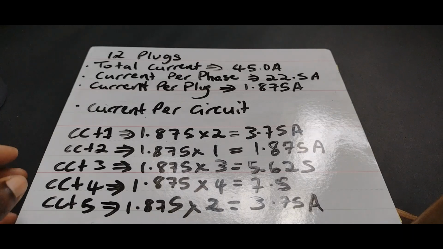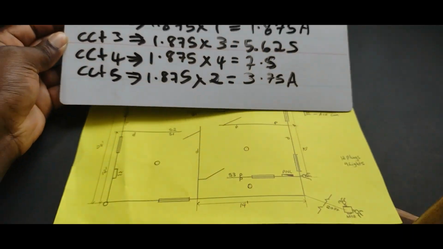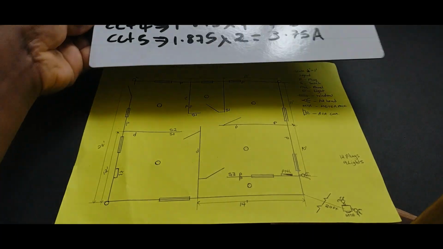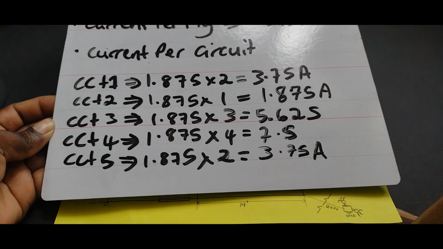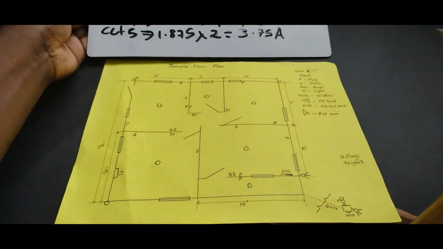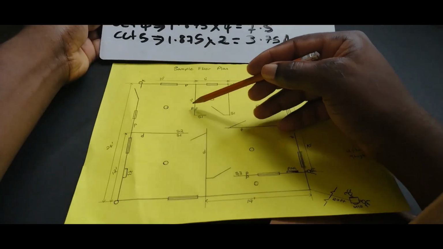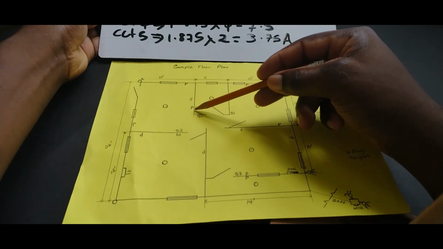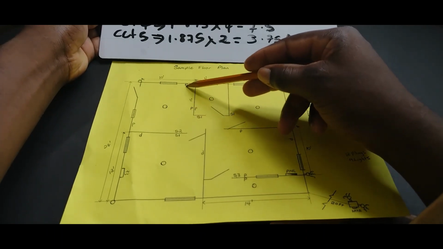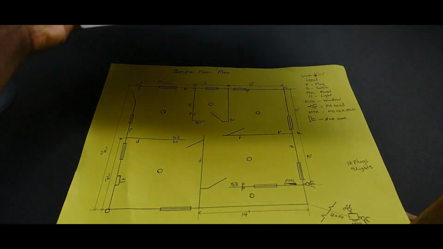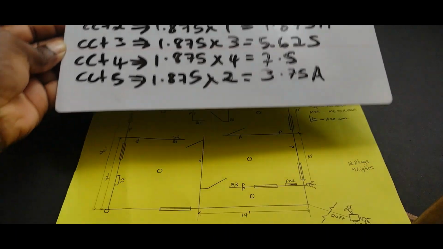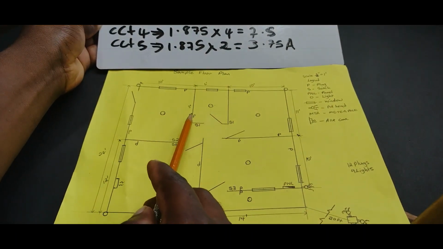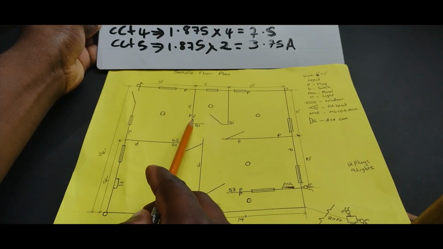Circuit 1 will be the kitchen circuit, and so I'm going to put the 2 over-the-counter plugs, that is here and here, for the kitchen circuit. We are putting those 2 on 1. In the bathroom circuit, we will be putting it by itself on one circuit.